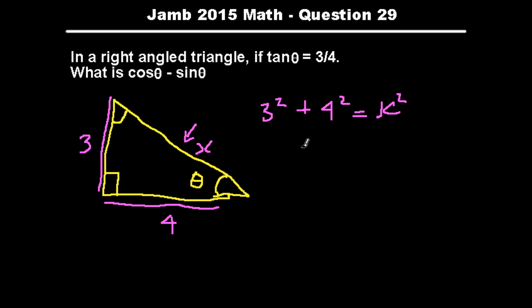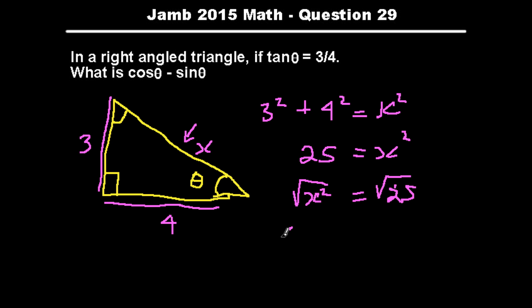And so when we do the math, it's 9 plus 16, which is 25, is equal to x squared. Therefore, the square root of x squared is equal to the square root of 25. Therefore, we know that x is equal to 5.